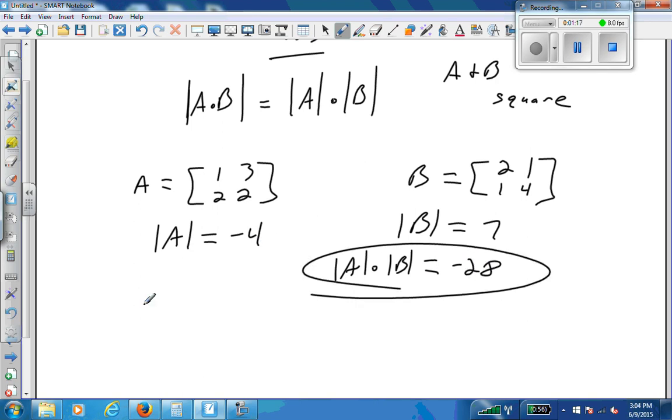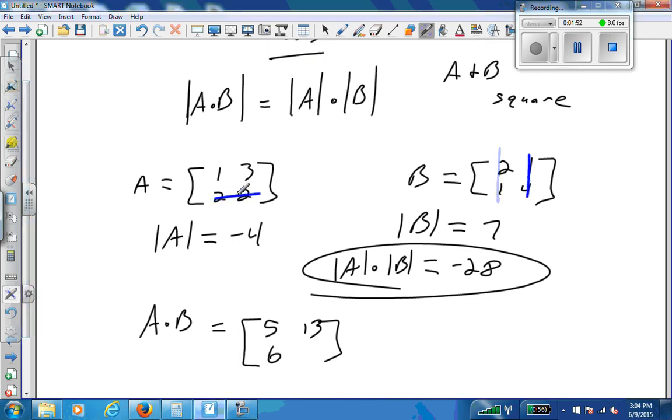Now let's find A times B, and let's see what the determinant of A times B is. If we take A times B, remember we do row times column, and that gives us 2 plus 3. Row 1, column 2 is 1 plus 12. Row 2, column 1 is 4 plus 2.